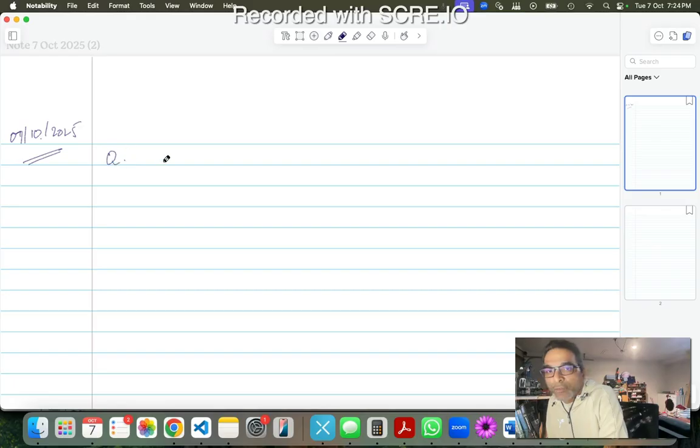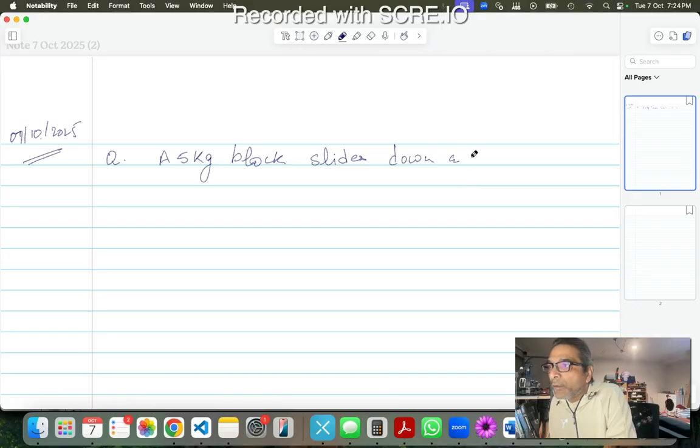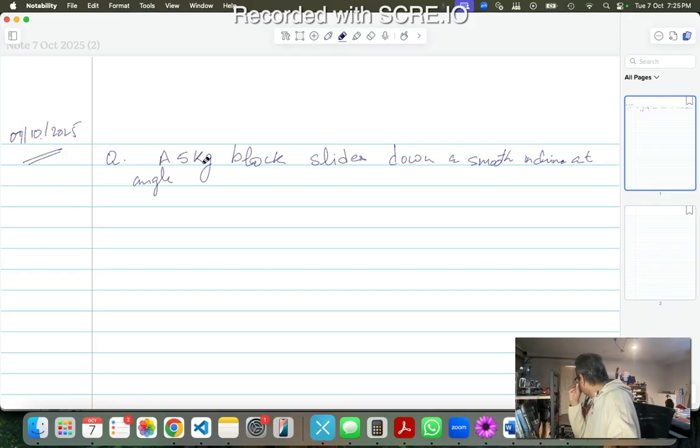The question was: a 5 kg block slides down a smooth incline, inclined at an angle of 30 degrees.